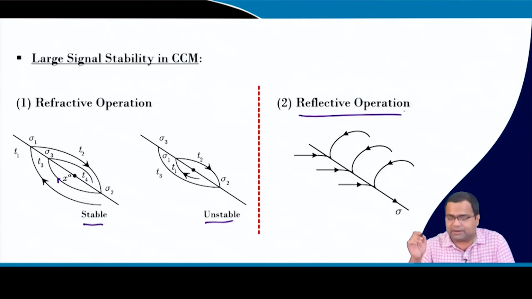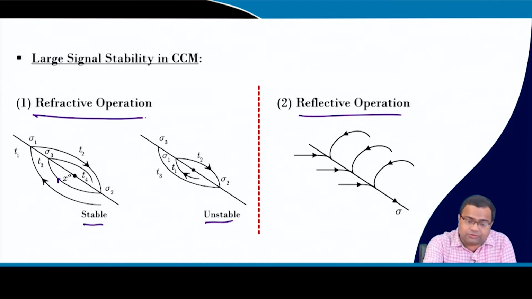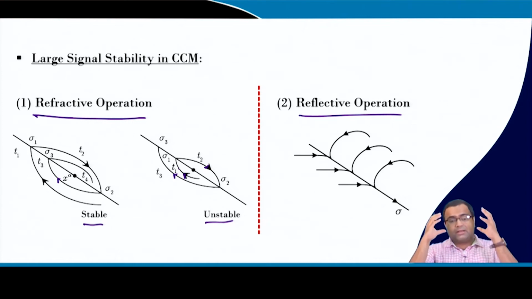And the refractive operation: in the refractive region also, if you do not take the sequence of switching properly, it may happen that you start with on time and then off time. If you choose a wrong control logic, then it will become unstable. So, the refractive region alone is not sufficient, the switching control law is also important. What kind of control law are you taking?